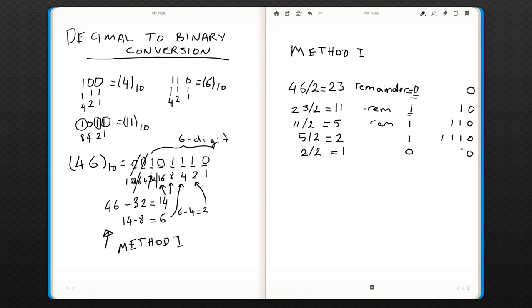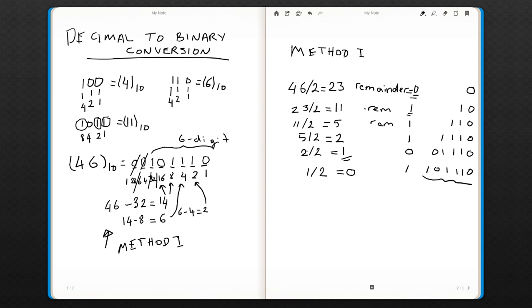So if the remainder is 0, I need to put a 0 here. We're not done because we still have this 1. So we're going to divide that again by 2. So it's 0 because 0 times 2 is 0, it's smaller than 2, and the remainder is 1. So now our number is 10110.